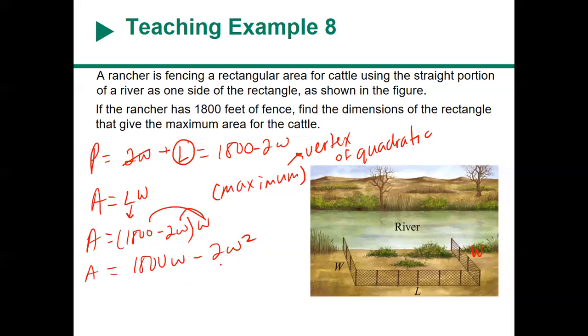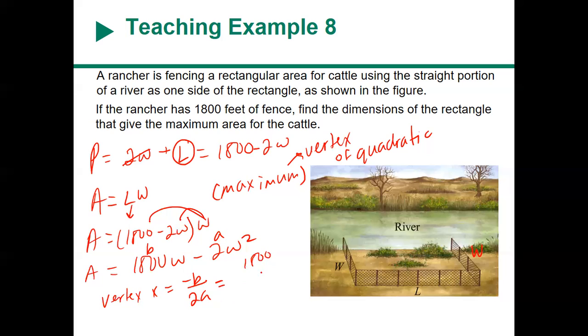Now, if I'm looking for the vertex of this, the vertex x equals what? Negative b divided by 2a. So here's our b, here's our a. How do I know which is which? Exactly, your a is always with your square. So I'm going to plug those values in.